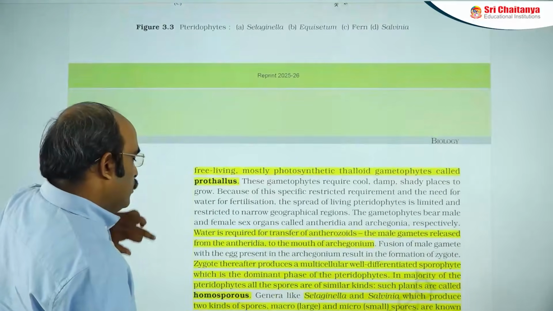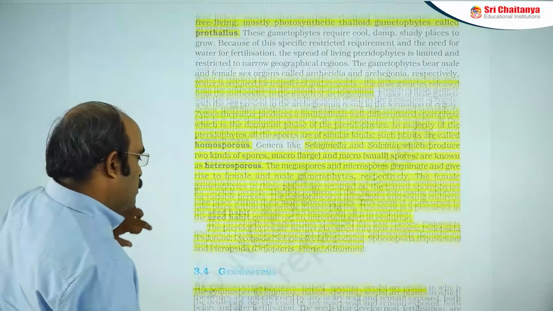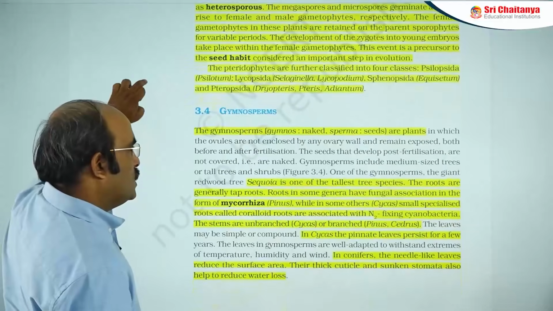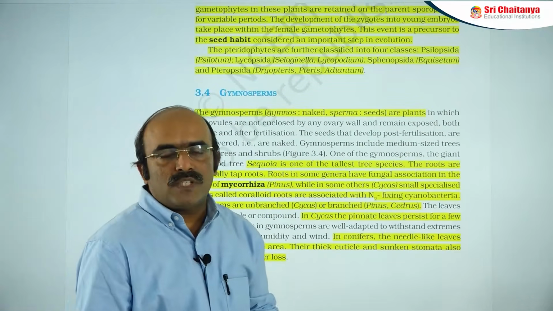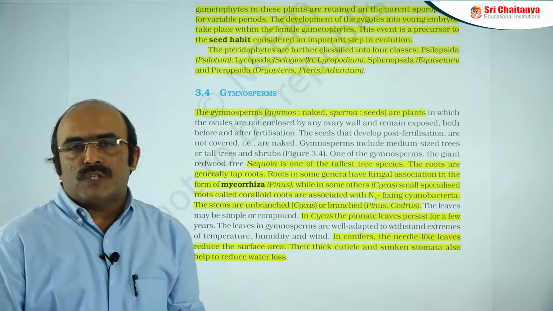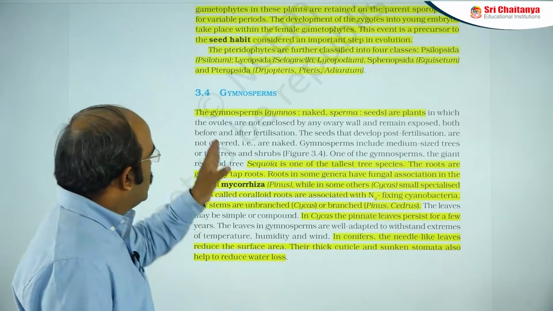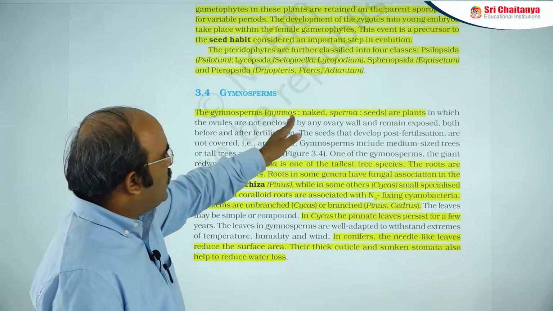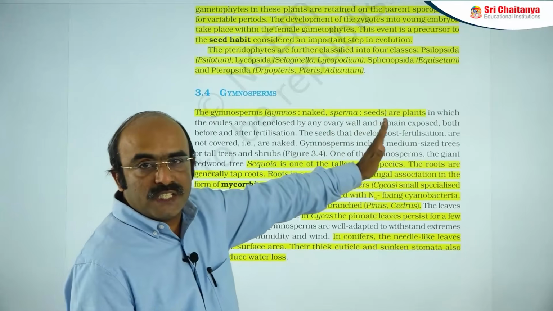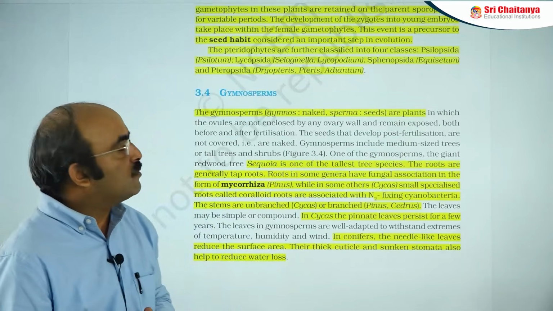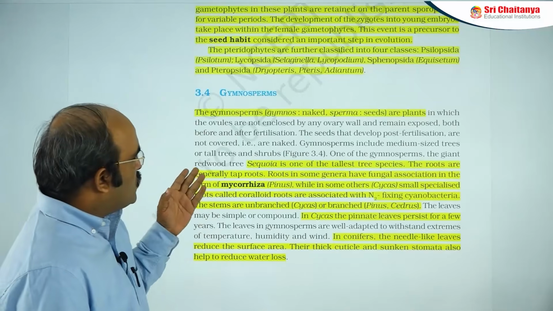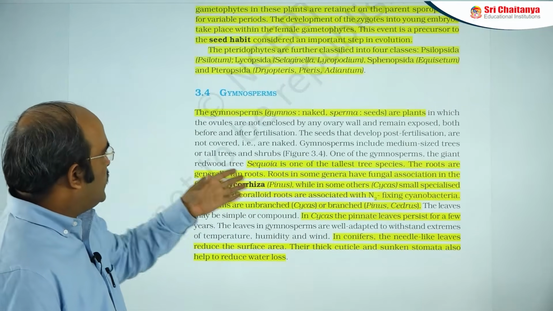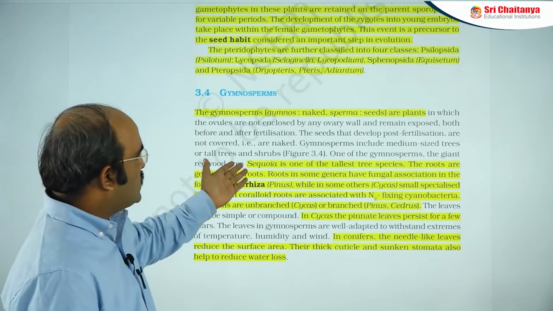Now, we will go to the next group, which is the Gymnosperms. You could observe here, Gymnosperms are the first group in phanerogams. Gymno means naked, sperma means seeds. So, these are plants with naked seeds. Gymnosperms include medium-sized trees or tall trees and shrubs.